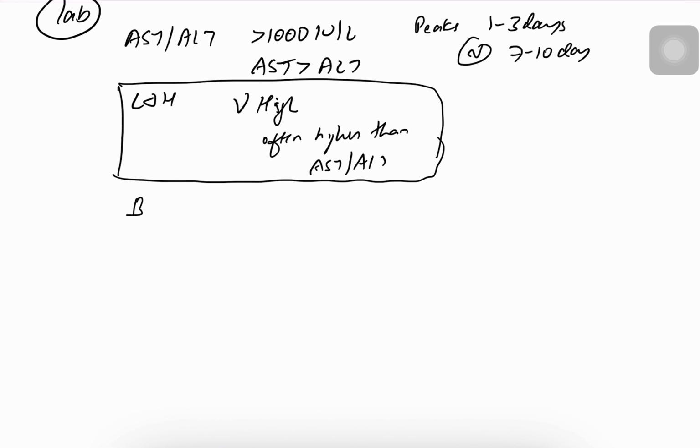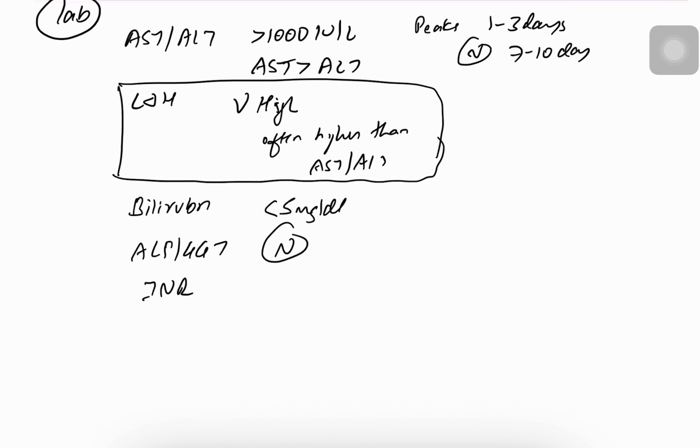Bilirubin, as I already told you, is mildly elevated, mostly less than 5 milligram per deciliter, and ALP or GGT is normal or only slightly increased. INR sometimes can increase but may not increase; basically it's normal. Creatinine can increase because of shock only.